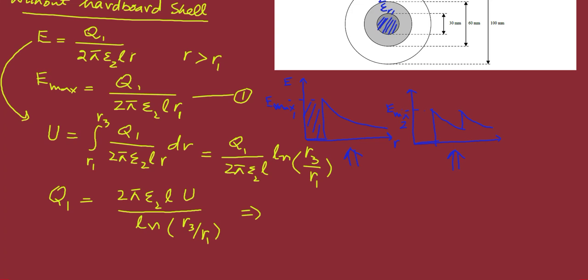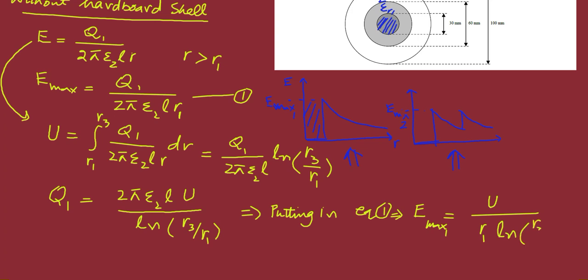So putting this in equation 1, we will get Emax1 equal to U over R1 natural log of R3 over R1. So this is our Emax1.